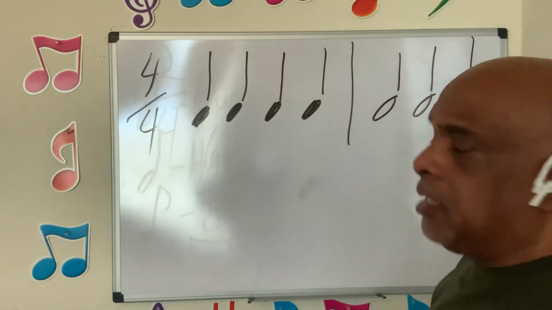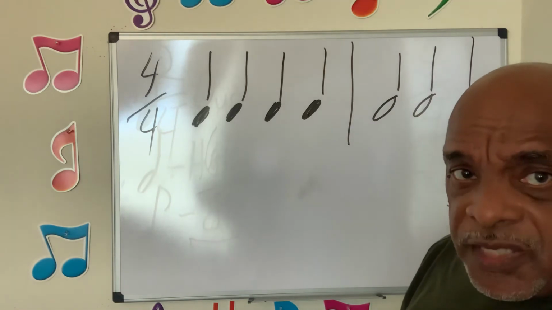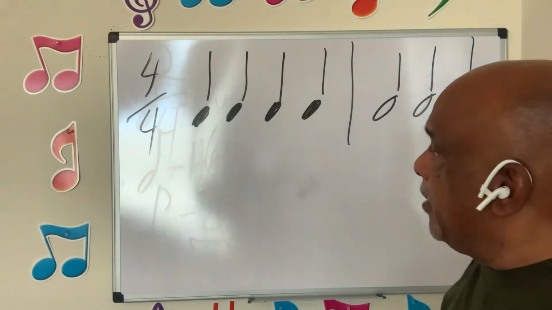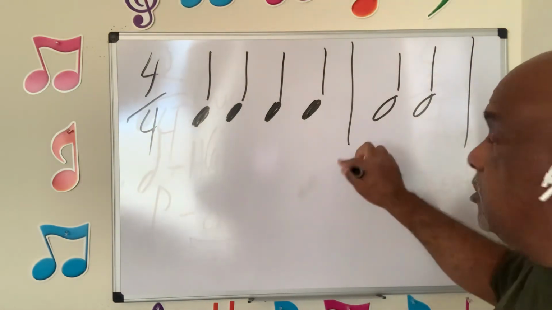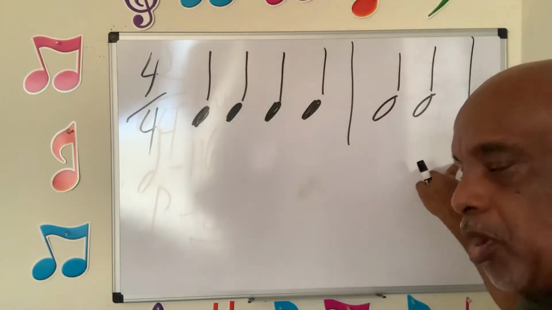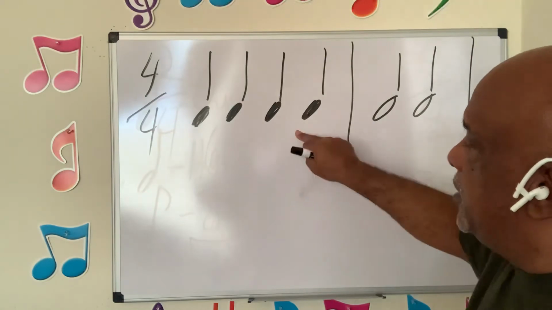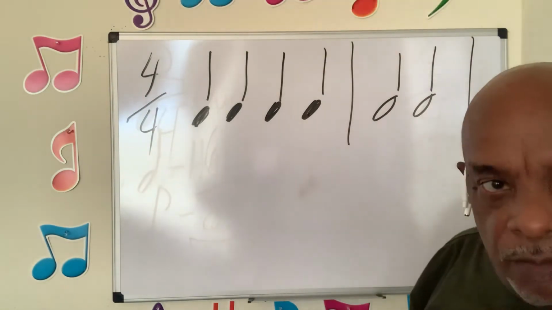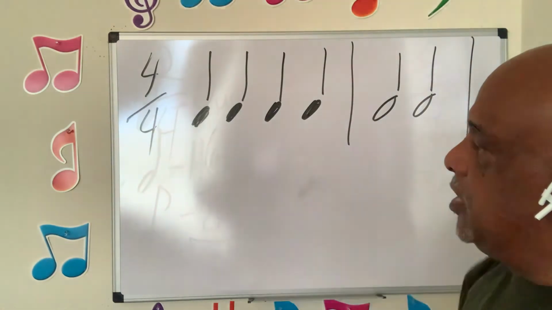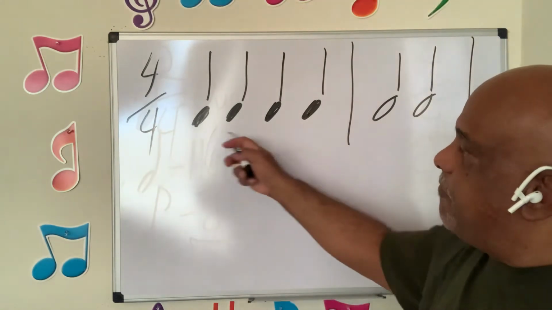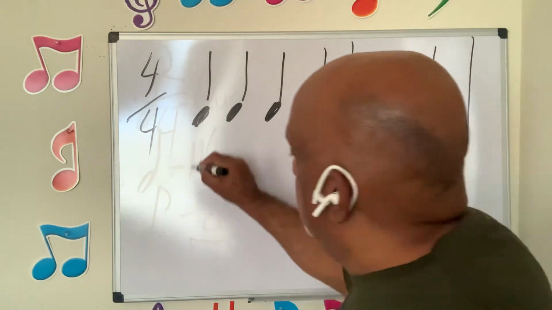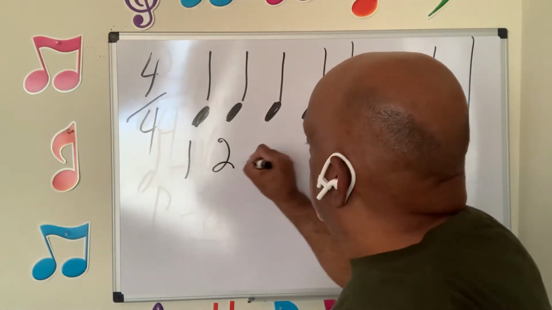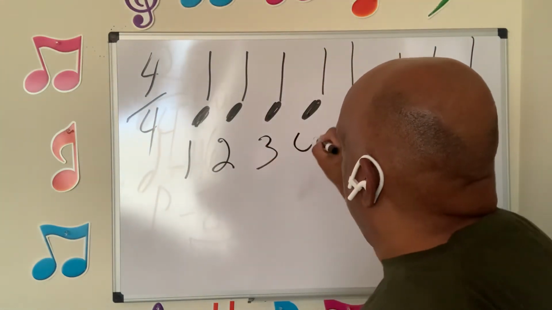That means the measure is what? The space in between 2 bar lines. This is your first measure, your bar line. This is your second measure and your bar line. So these spaces are called measures. Now in this particular measure, I have 4 quarter notes. So this is 1, 2, 3, 4.